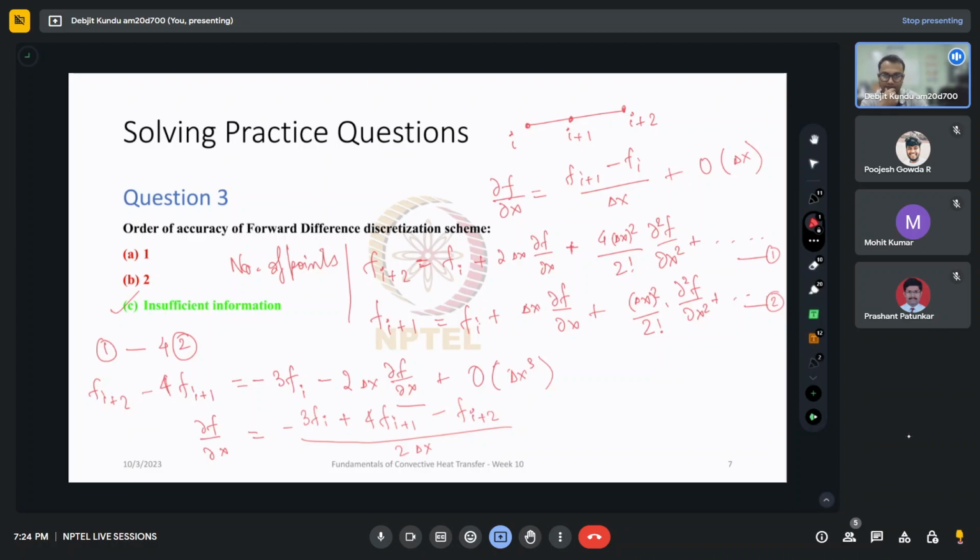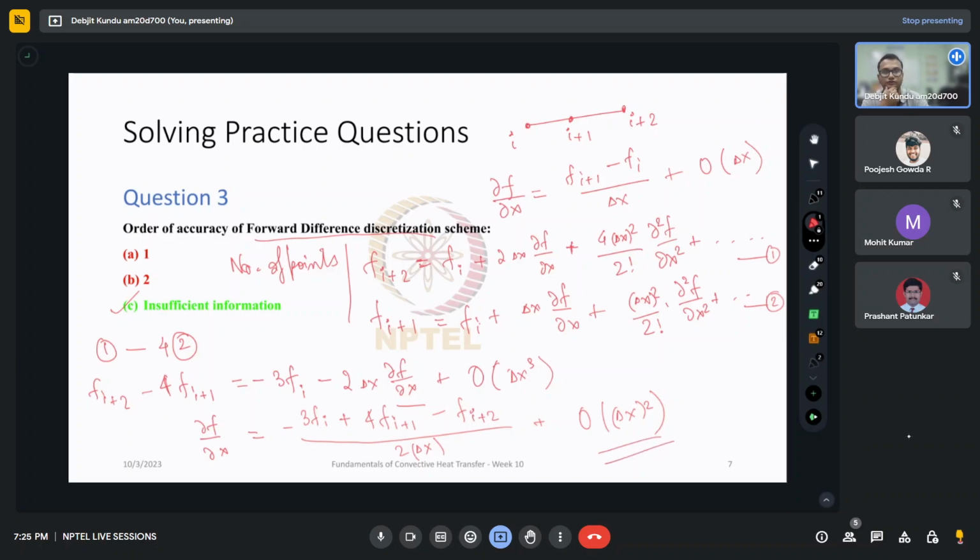And remember, this term would again get divided by delta x, so I'll get order of delta x squared now. So using 3 points and forward difference scheme, I could get a derivative which is second order accurate.